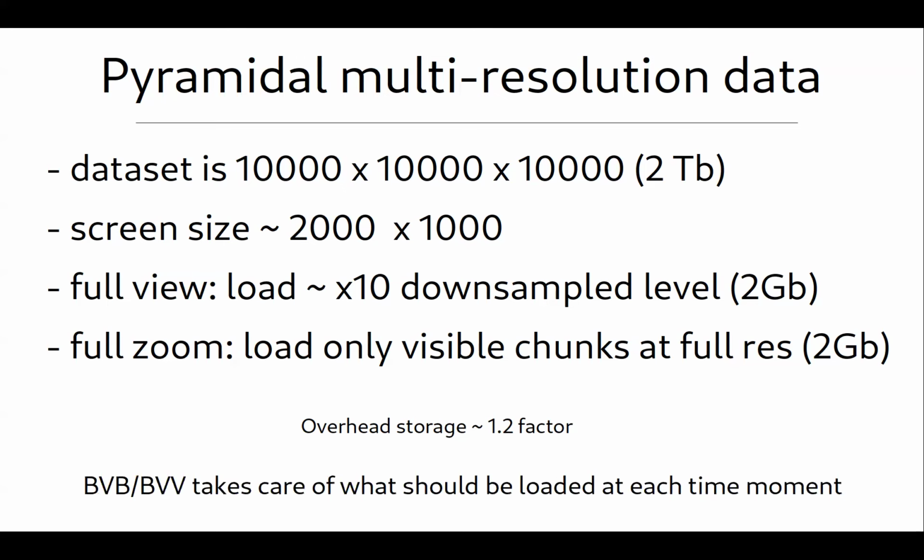When you browse your dataset, BVV or these browsers take care of what should be loaded now, and what the best resolution is depending on how you look at it. That allows you to browse really, really large data smoothly, because you use much less memory.